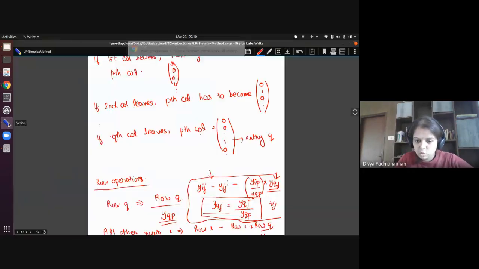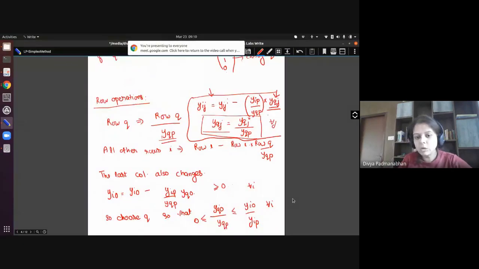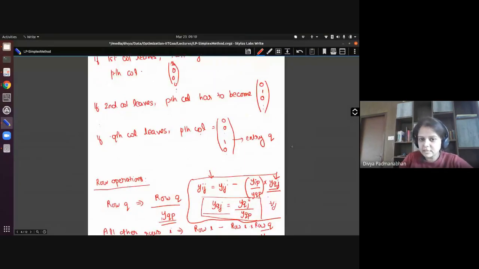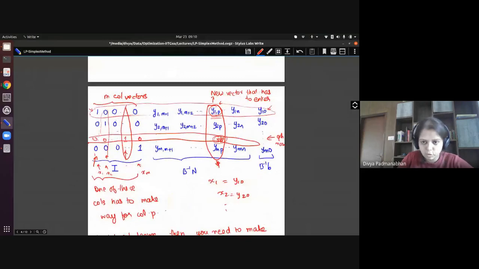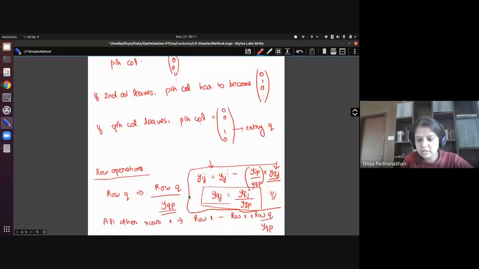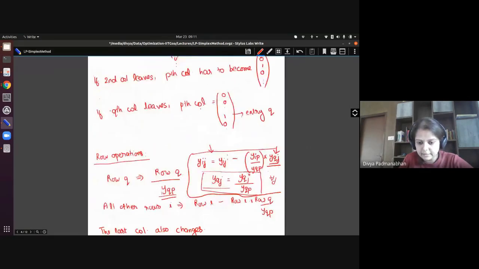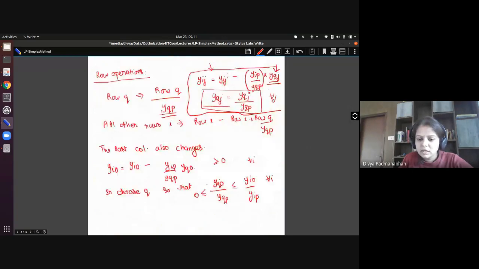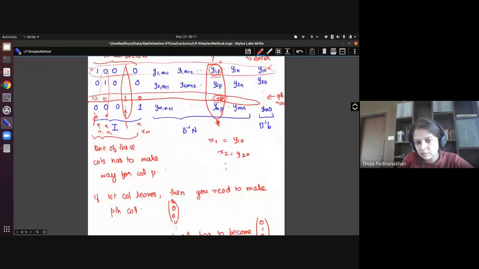Okay, I assume it's clear. So let's see how we are going to proceed. If you had fixed the row q and the column p, the two particular columns, you know what to do to transform this into identity. So now the question is, how do you fix this p? You fixed the column q from a previous step, and now how will you fix p?